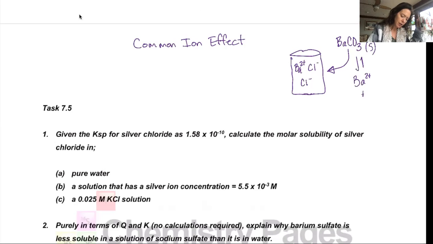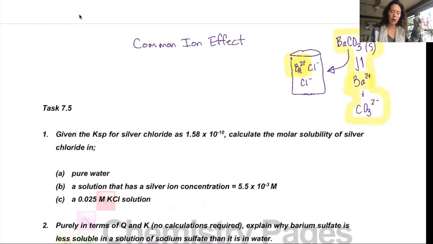And what we have here is a common ion. The presence of this common ion in the solution prior to me adding and slightly dissociating this compound inhibits the ability for the barium carbonate to dissociate.